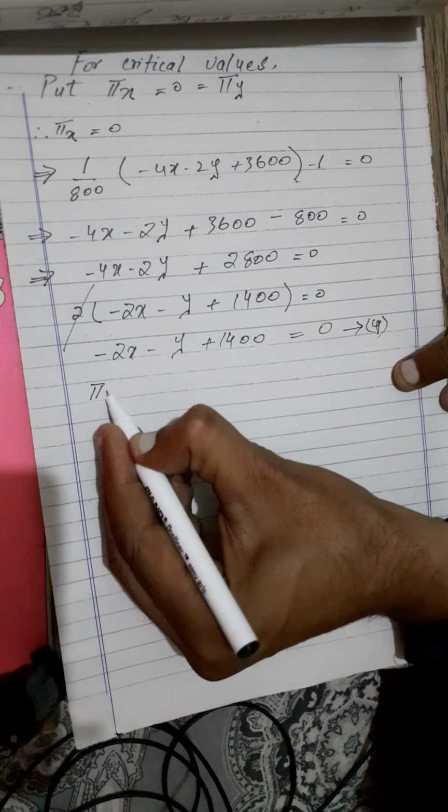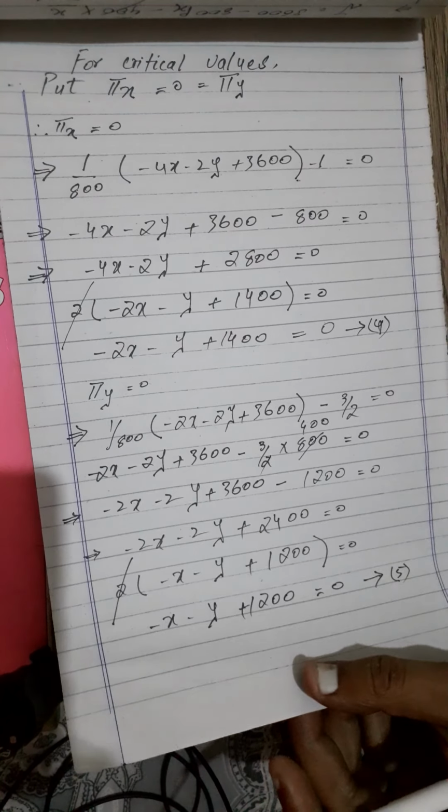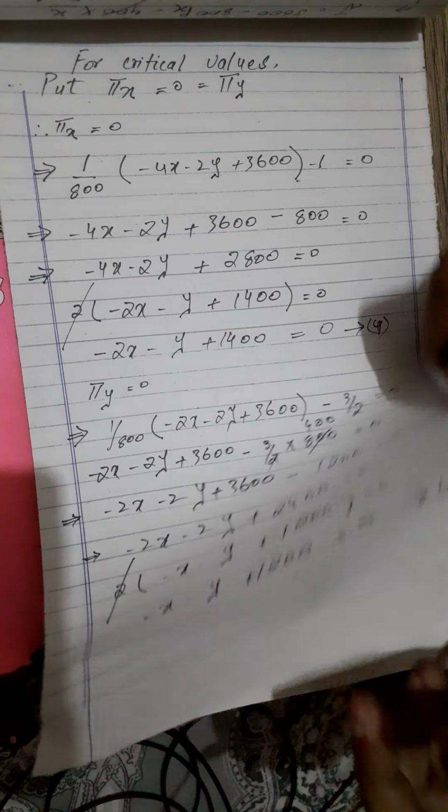Now, these are the two simultaneous equations. Solving these, we will get x and y, the quantities. So equation 4 minus equation 5 implies: the fourth equation is minus 2x minus y plus 1400 equals 0.